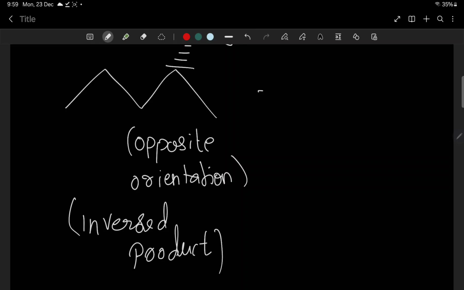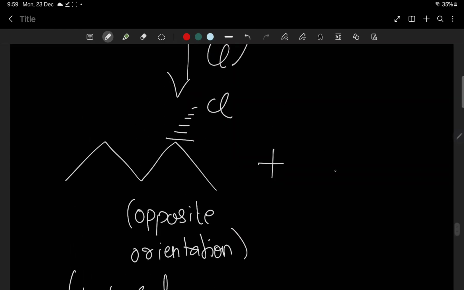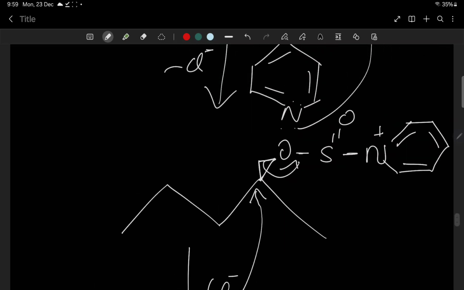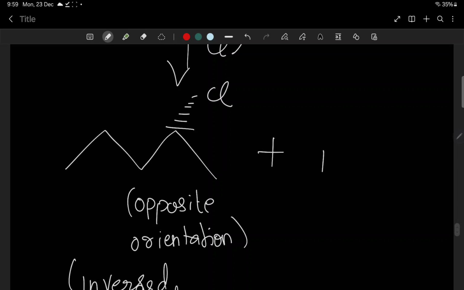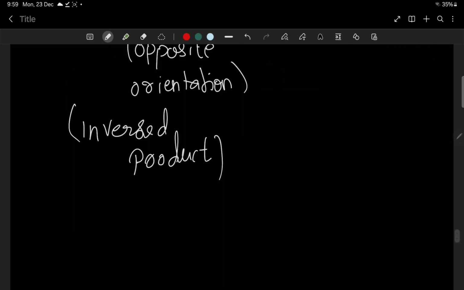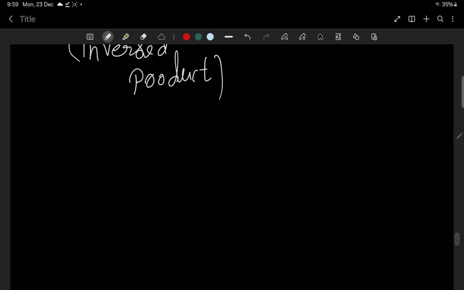Okay, and what happens is O is leaving, so SO2 is leaving, and N also leaves. Otherwise we don't get the catalyst back or the medium back. We should get the medium back, otherwise the reaction is called imperfect. We get pyridine back. So this is the reaction, and what mechanism is this?